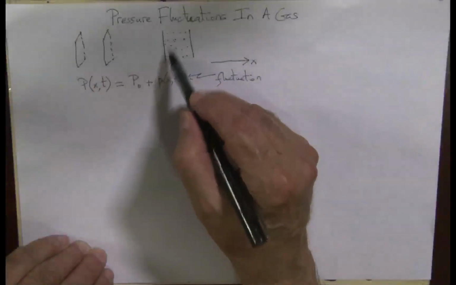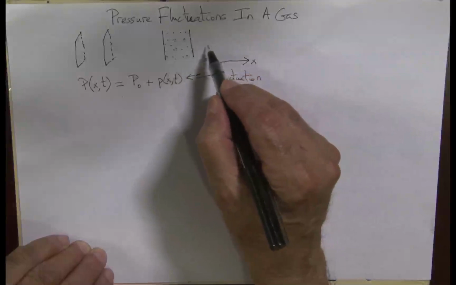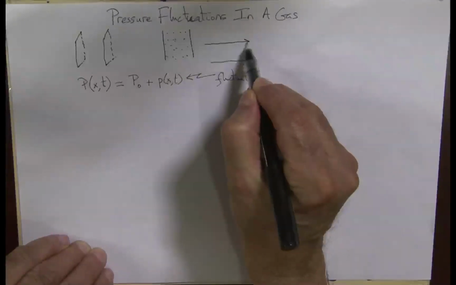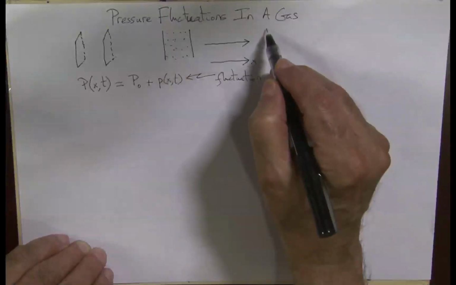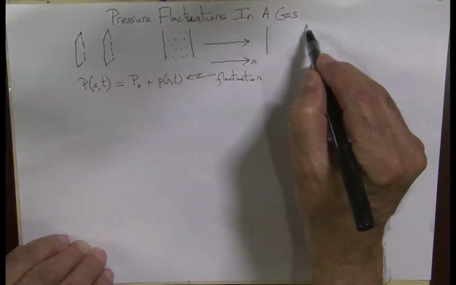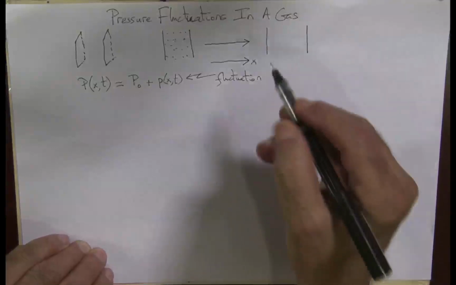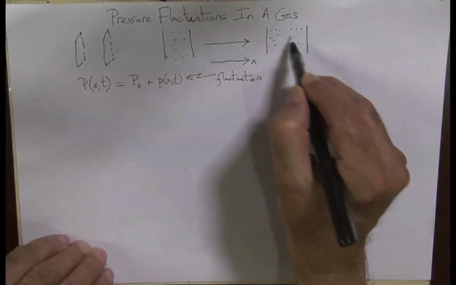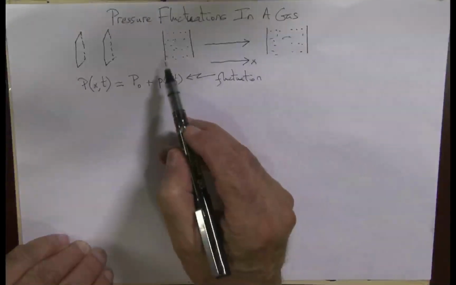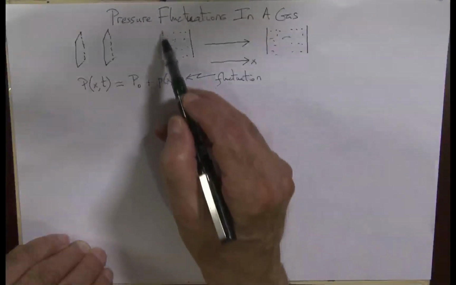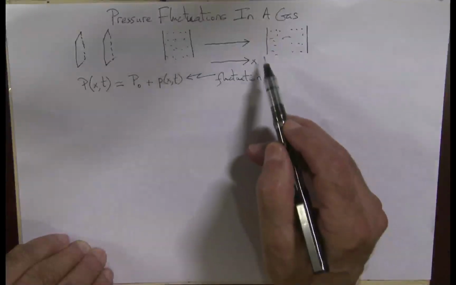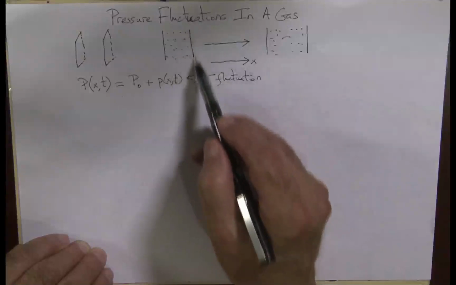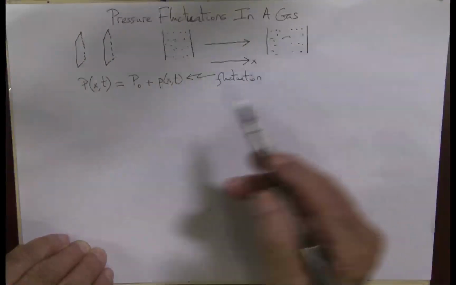And so each one of these is displaced by some amount, and this then goes into a larger or a smaller volume, a different volume in general, with the same number of particles. So you could say that all the atoms along here have moved on the average to here, and those over here have moved here.